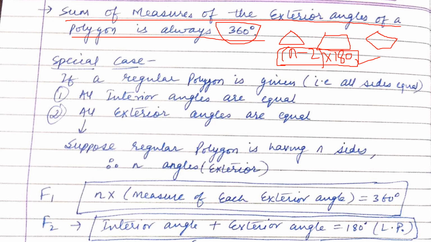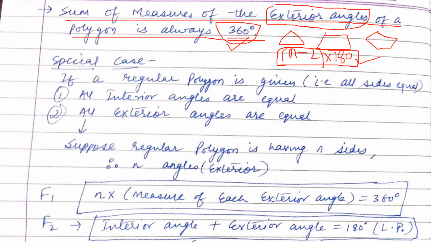Okay, but in the case of exterior angles, number of sides has no effect on total of exterior angles. The total is always constant, that is 360 degree, whether n equal to 7, n equal to 20, n equal to 100, n equal to 900 or anything. The sum of exterior angles of any polygon will always be 360. Okay, it is a very important property.